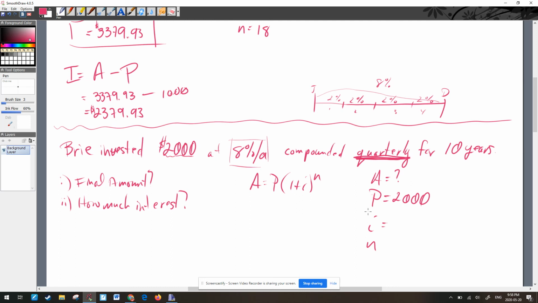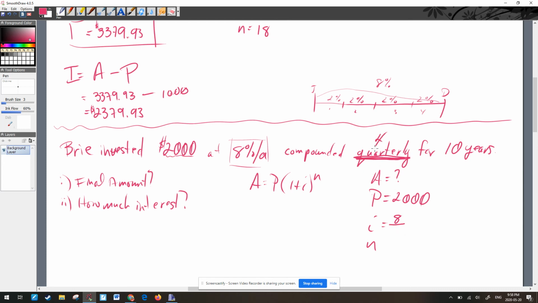So I said in the definition, if you go back, that I is the interest per compounding period as a decimal. So in this case, it is 2% as a decimal. Here's what we're always going to do. We're going to take the quoted interest rate, 8%. We're going to divide by the number of compounding periods in the year.